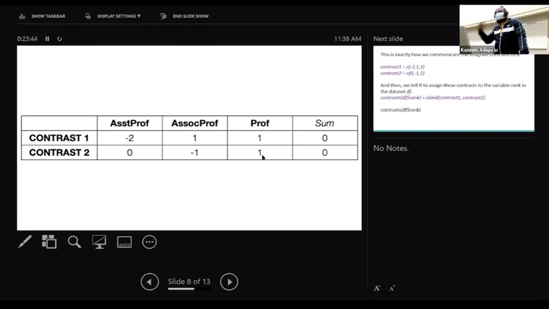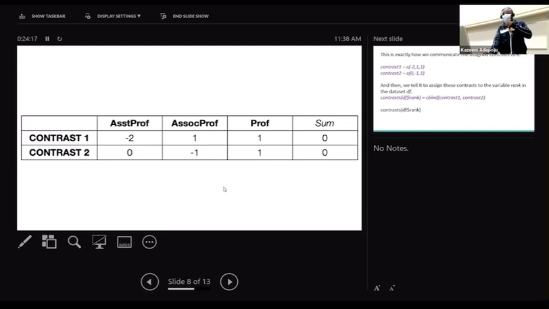So when you are assigning your contrast weights, of course, you need background information. We don't just assign contrast weights. The background information is that I knew the associate professor is lower than the professor in the cadre, and that was why negative was assigned to the associate professor, because it acts as the baseline group.